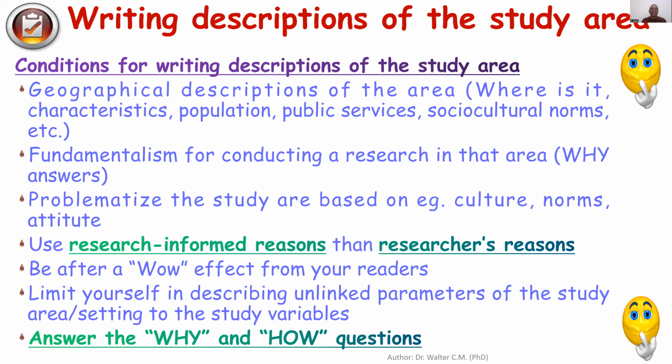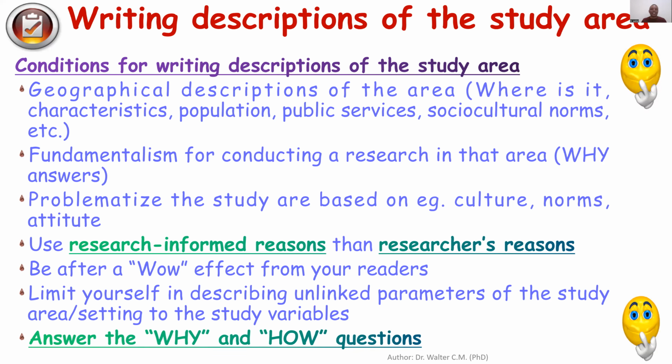You can also define a study population as a concept. Once you provide a definition as a concept, it means you are talking of human or non-human subjects or population. When we talk of study population, it's a subset of a target population. So from there, you can see which one is broader between the target and study population.